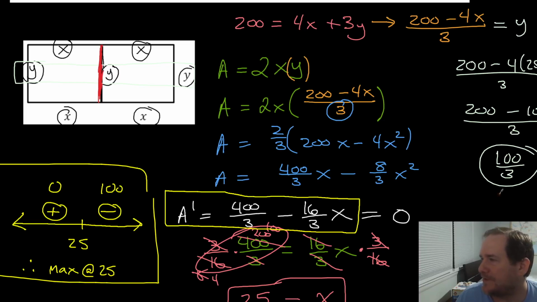So the answer here should be he should make 2 congruent 25 by 100 thirds corrals that share a 100 thirds, what are these, feet? These are all feet, right? So feet that share a 100 thirds foot wall.